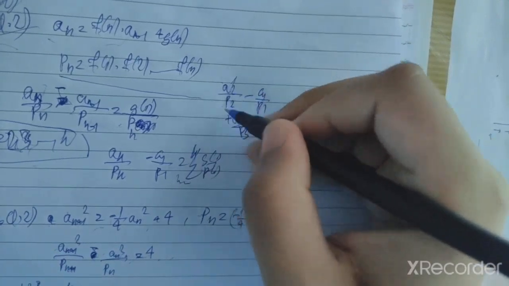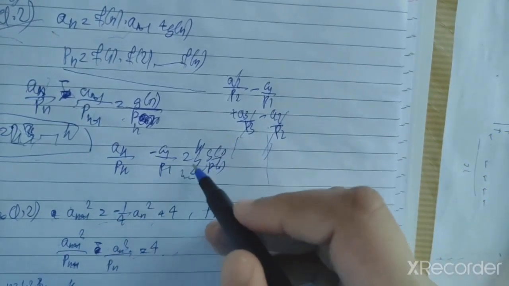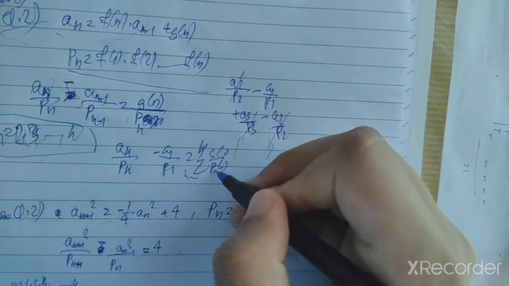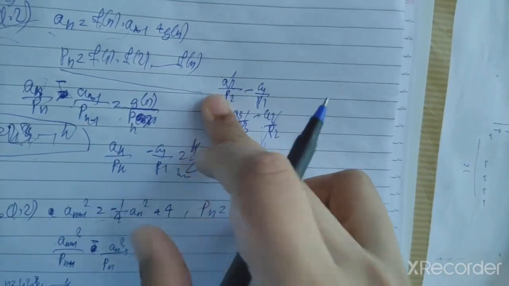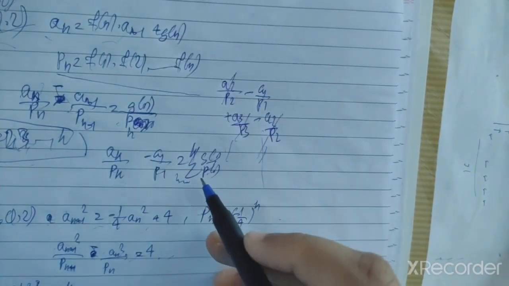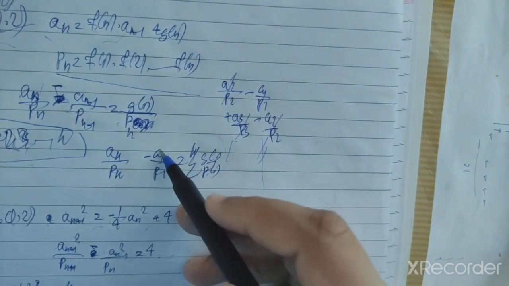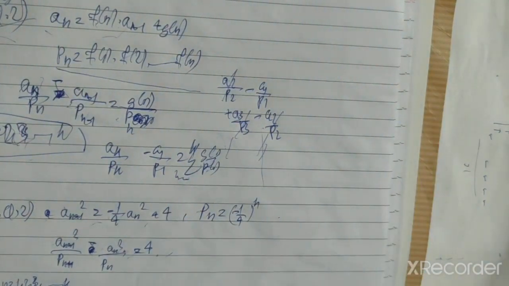You see, it will start cancelling like this, and eventually at last you will get this, which is equal to sigma g_n over p_n, n equal to 2 till k. You will get a summation. This you can find the value of, because you will be given the values of g_n and f_n. You will eventually find this, and you know the values of p_1 and a_1, so you will get a_k in closed form, and it will be solved.